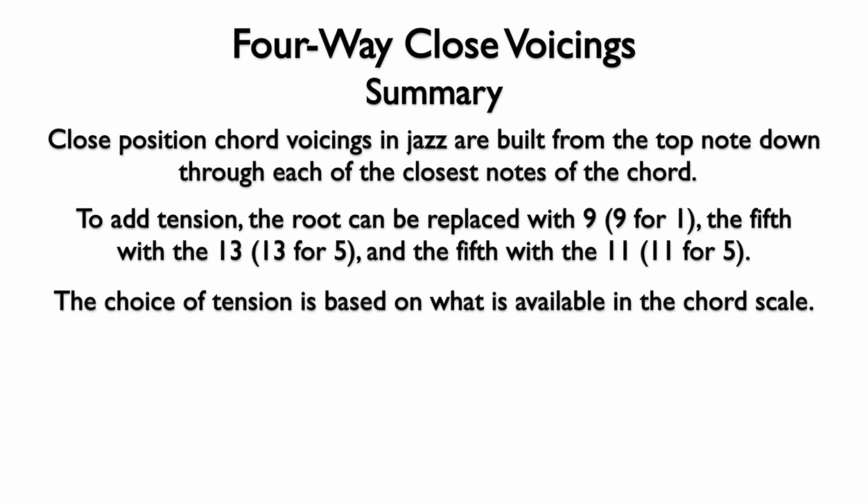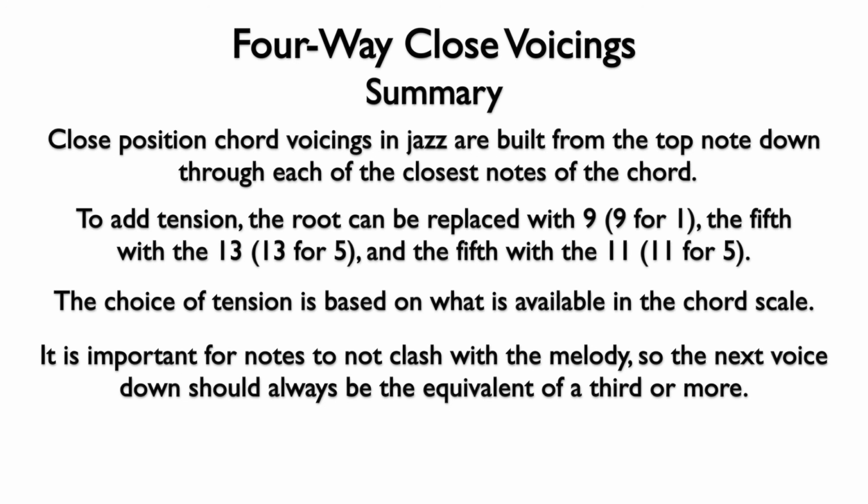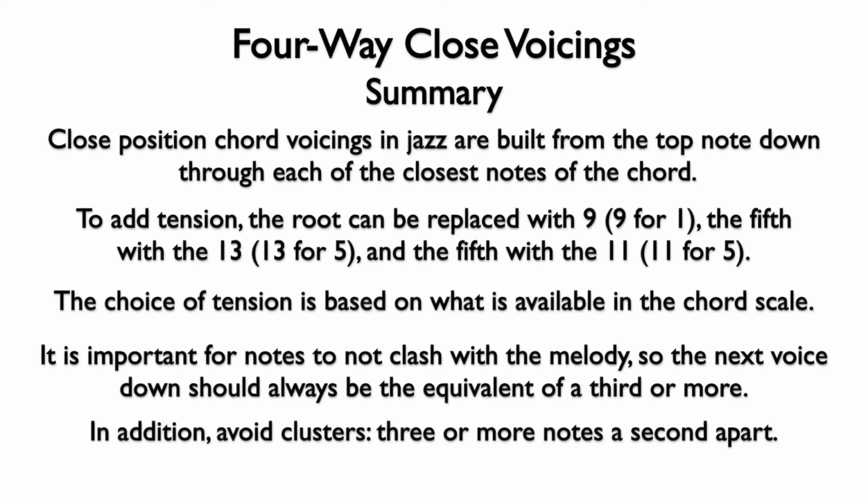The choice of tension is based on what is available in the chord scale. It is important for notes to not clash with the melody, so the next voice down should always be the equivalent of a third or more. In addition, avoid clusters, 3 or more notes a second apart.